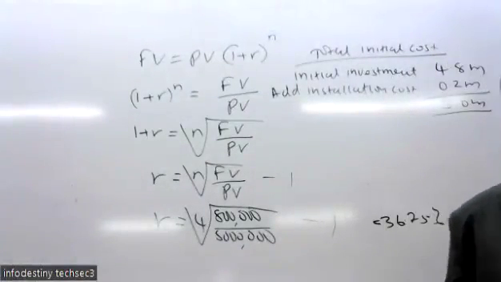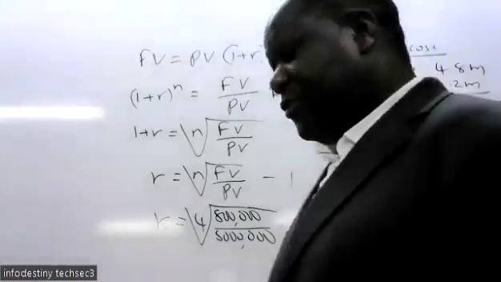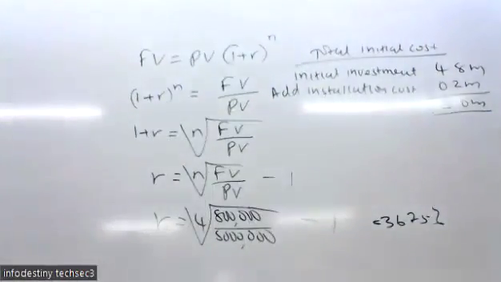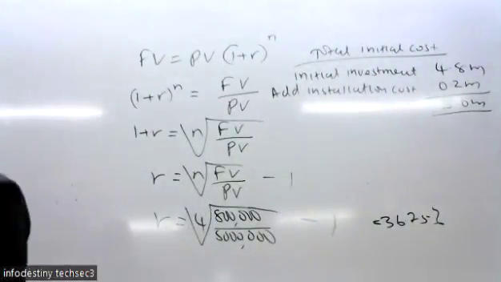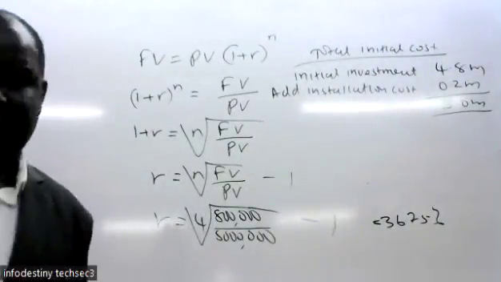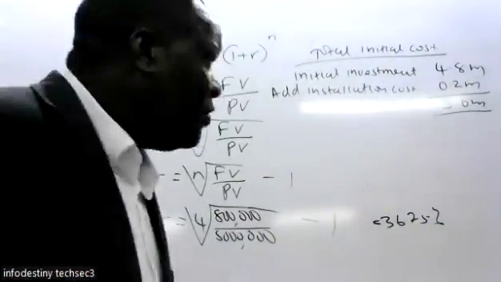In Roman letter 2, they wanted you to get the total initial cash outlay.